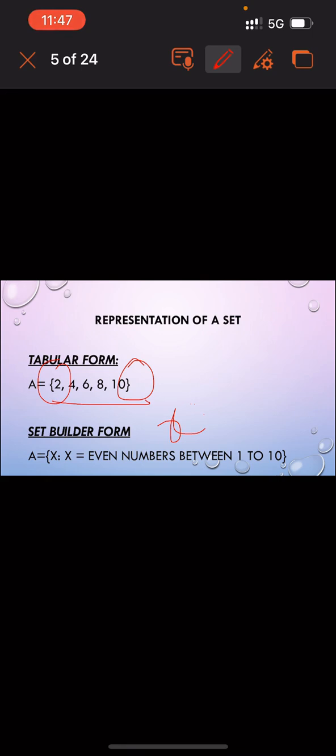That means how to represent this set builder form into tabular form? What is the answer for this? Even numbers between 1 to 10. What are they? 2, 4, 6, 8. These 4 numbers are the answer for this set builder form into tabular form.